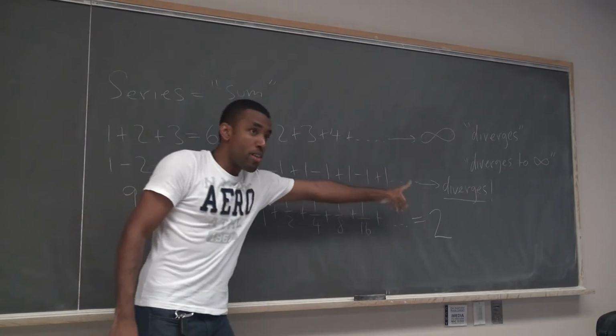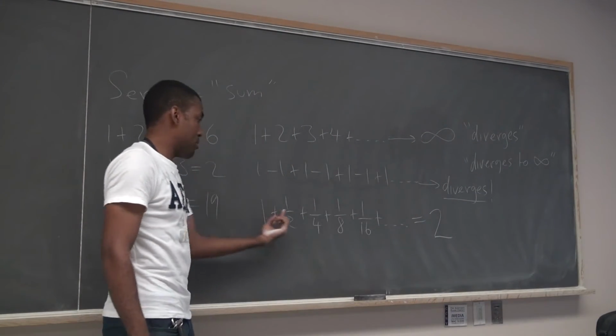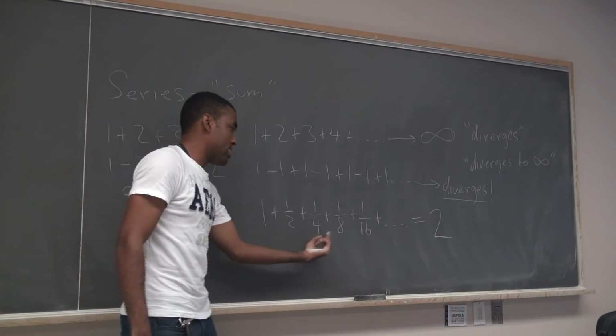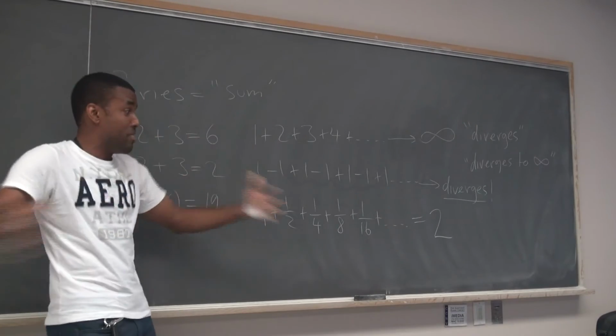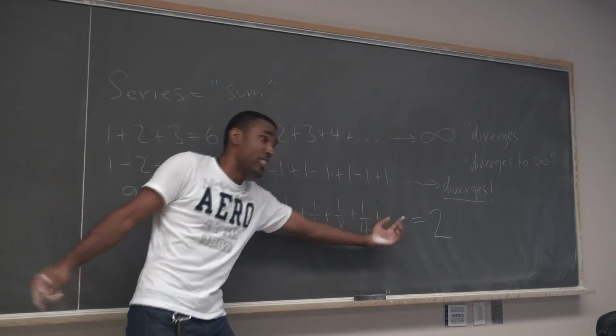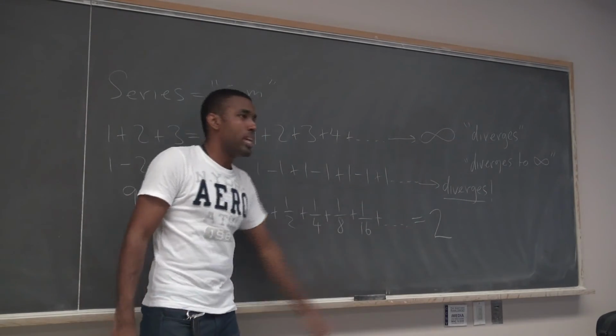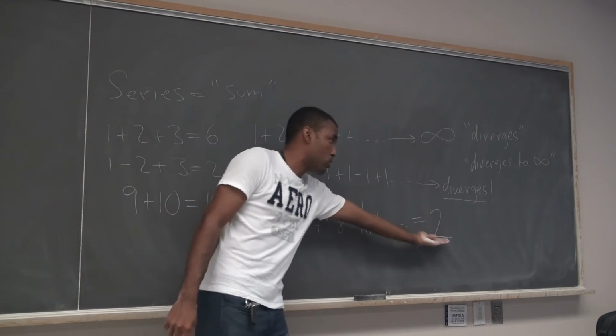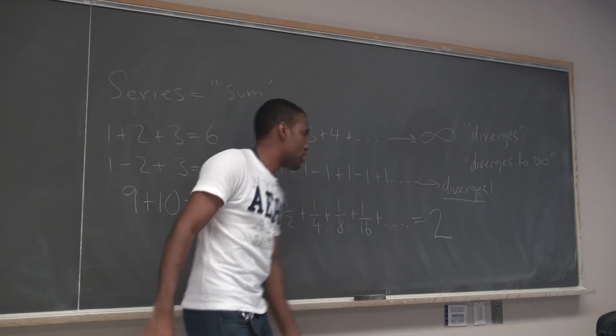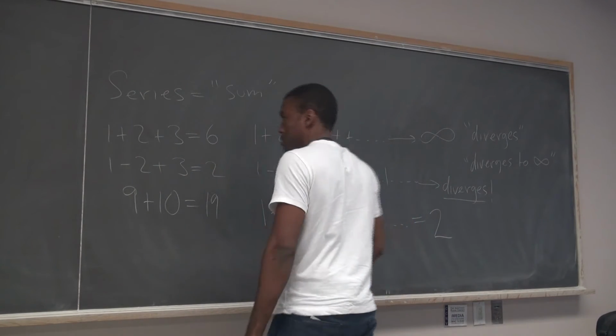And this goes on forever. It never stops. I'm literally just doubling the denominator, and I keep doing this forever. It turns out if I took an infinite number of numbers that follow this pattern and added them all up, 2 would actually be the answer. This infinite sum is actually equal to a finite number, which is sort of a strange concept.